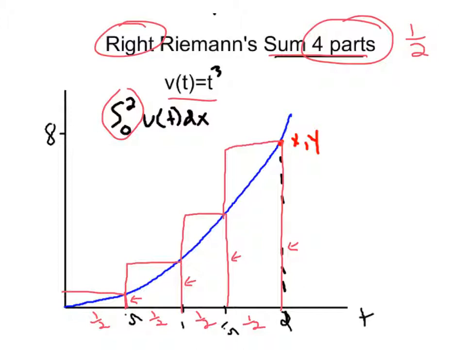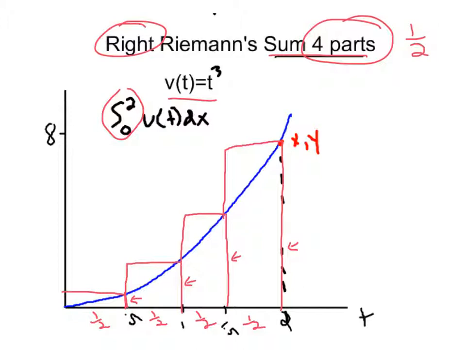So I'm trying to find the area under the curve from 0 to 2. I'm using a 4-part Riemann sum, which tells me each one is half wide, and it's a right Riemann sum, which means the rightmost x value in that 1/2 range tells me the height.